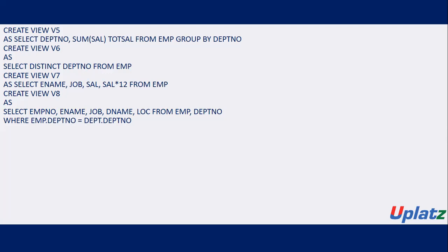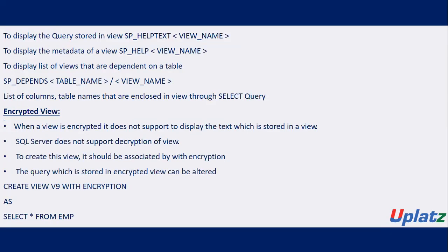What we have to understand here about the simple view and the complex view is that all the concepts we do not use in the simple view are used in the complex view. For creating a complex view, we use all those concepts in the queries. That is the main difference here. So the next one is here.